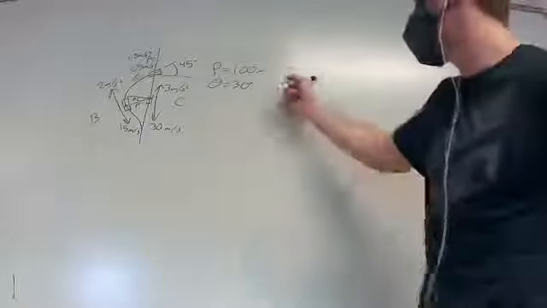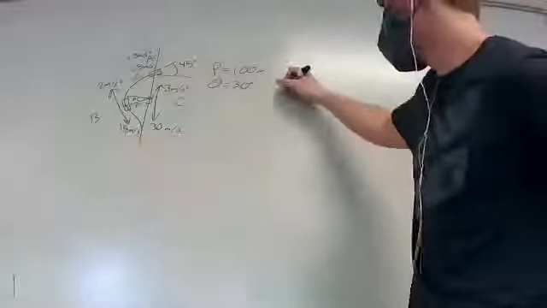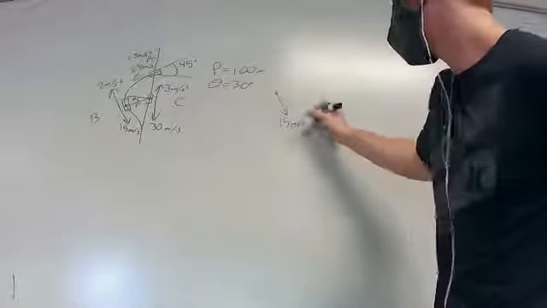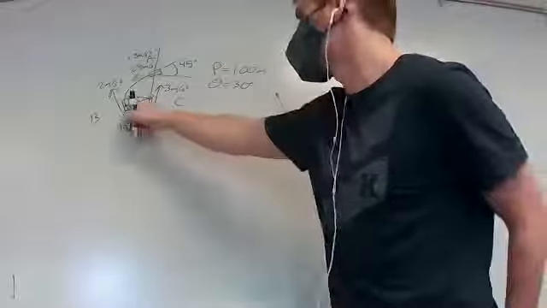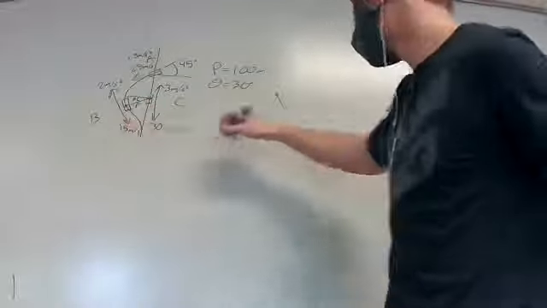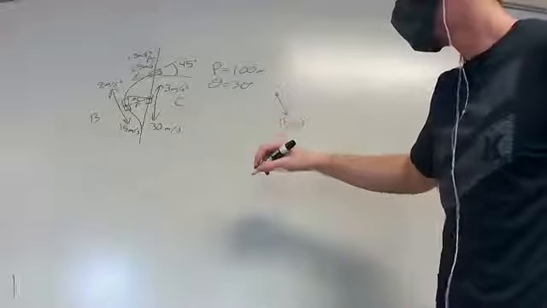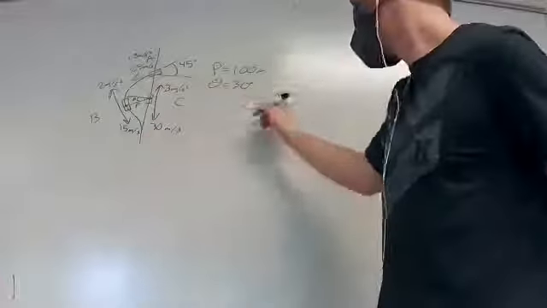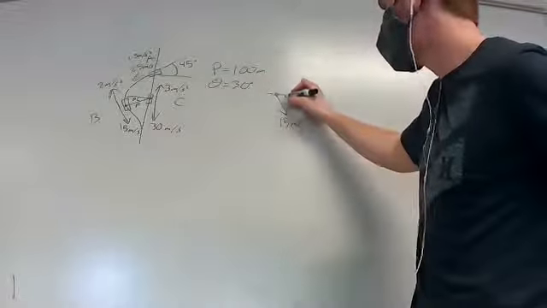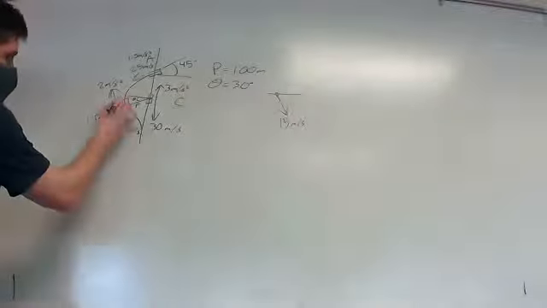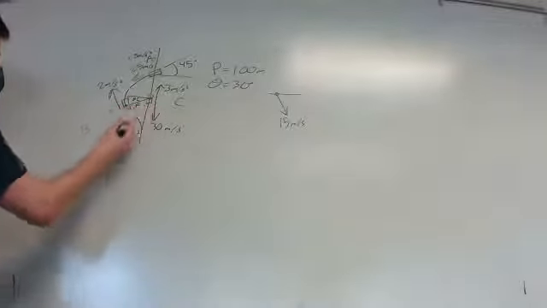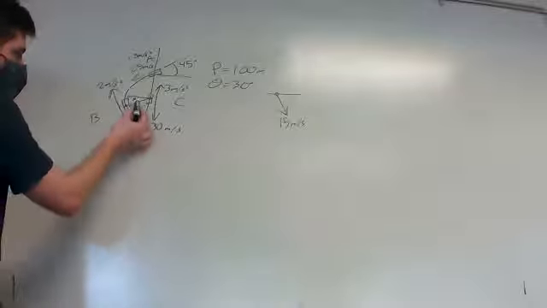So we know that the velocity at B is 15 meters per second. So we can demonstrate that like this. And we know that this angle is 30. So we need to find basically an angle to work with here.